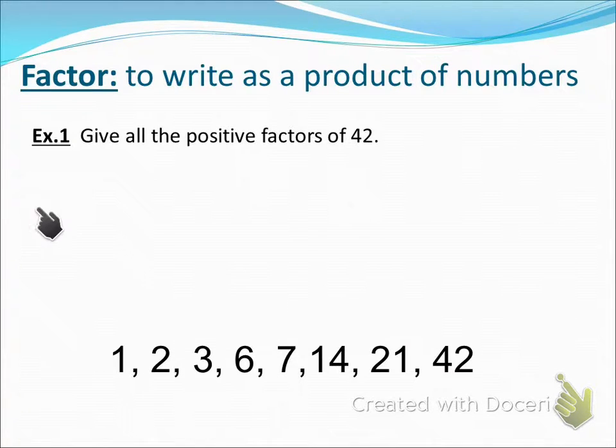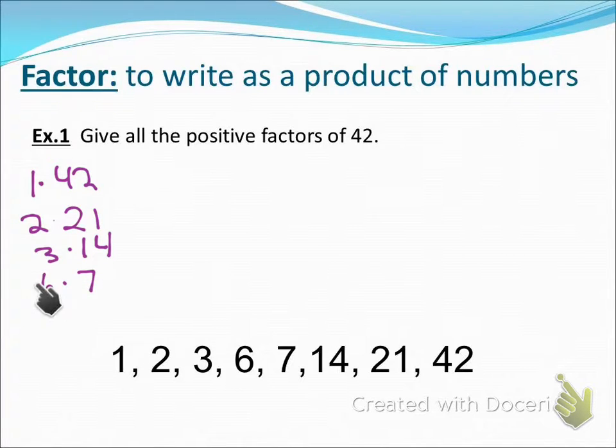So you might make a little list off to the side. That's kind of what I do. This is the answer for example 1. So the work on the side might look like 1, 42, 2, 21, 3, 14, 6, 7, and then you kind of run into yourself and you know you already have those.